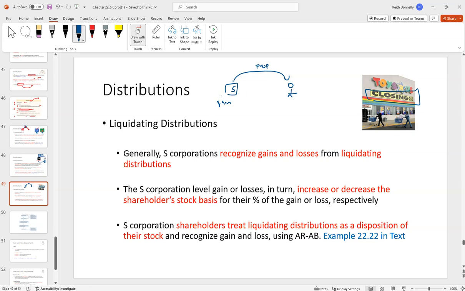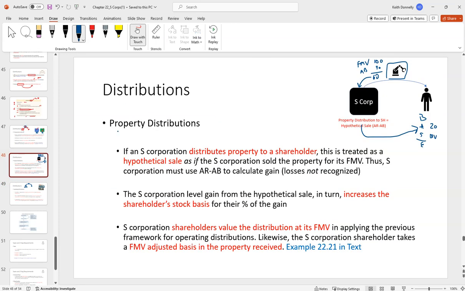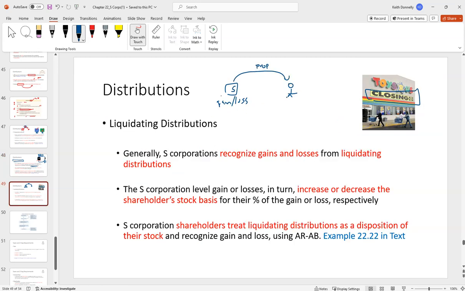The S Corp's going to recognize the total amount of the gain or loss. So this is different. Here they recognize gains or losses if it's liquidating. If it's non-liquidating, losses are not recognized. But remember, that's going to affect the shareholder's basis.